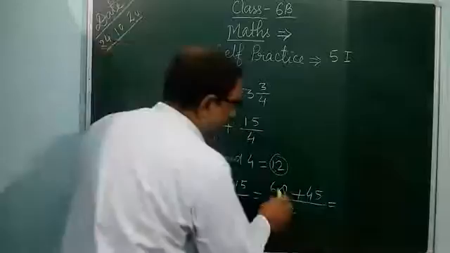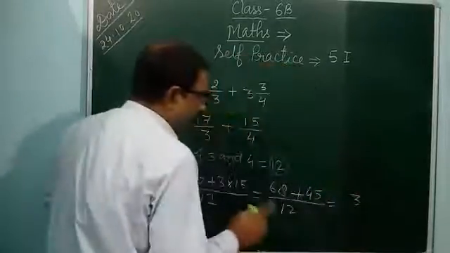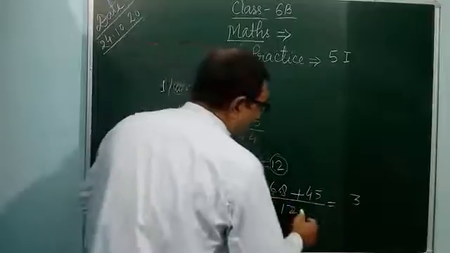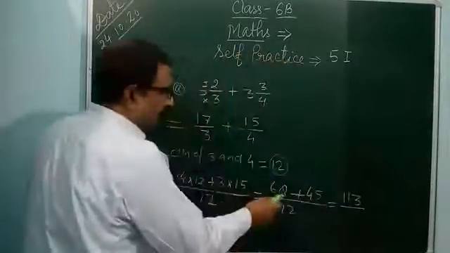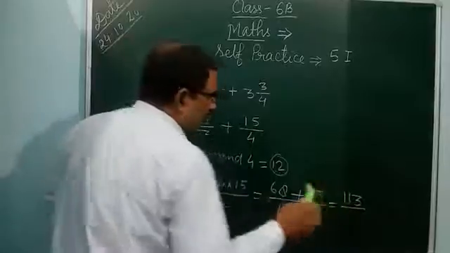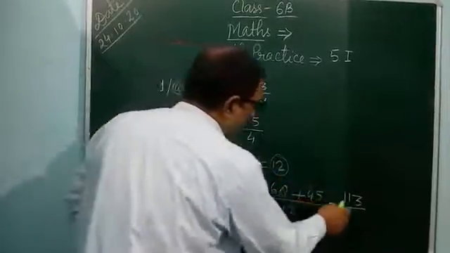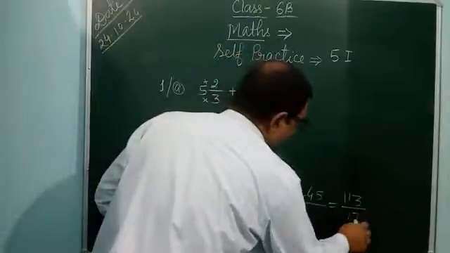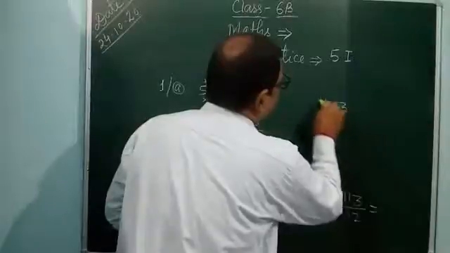After that you can add together: 8 plus 5 is 13, 3 and 1 carry, and 6 plus 4 is 10 and 1 is 11, 113 by 12. After that you can divide 113 by 12.